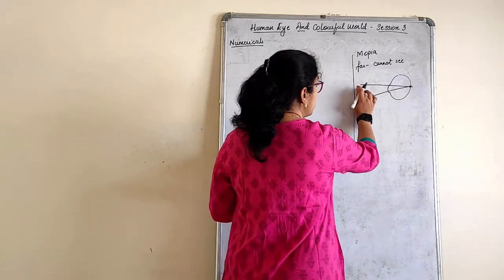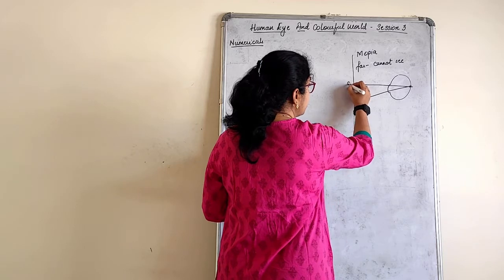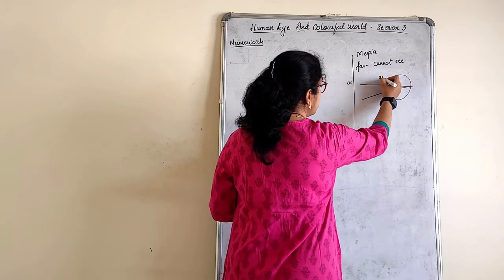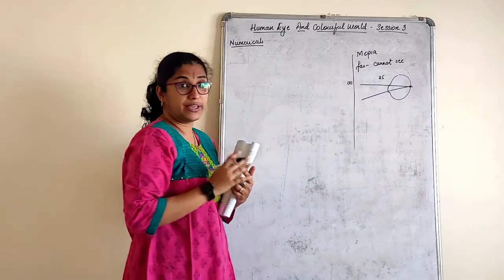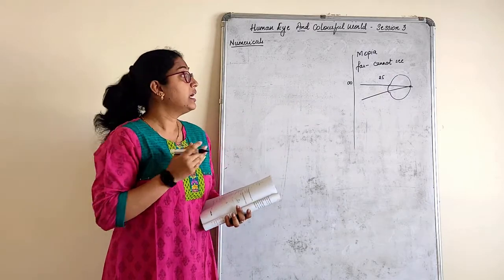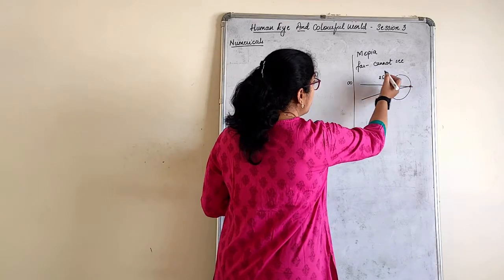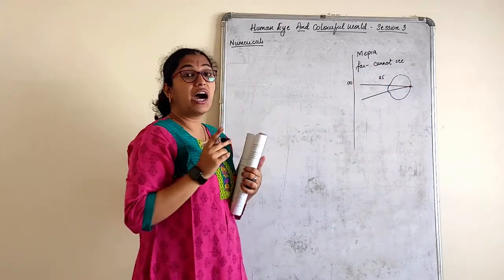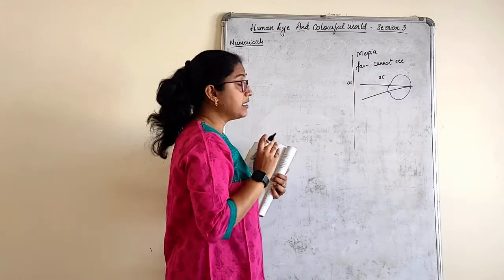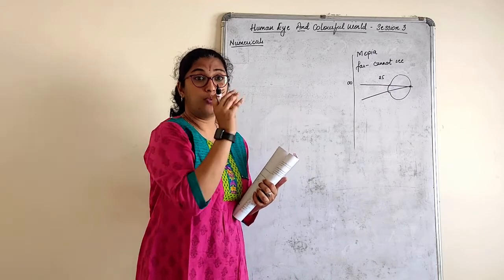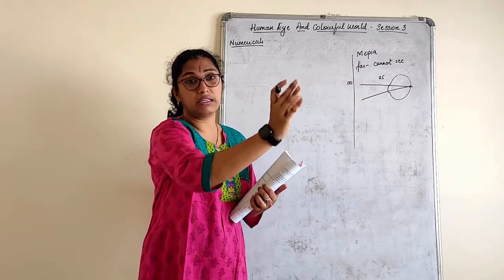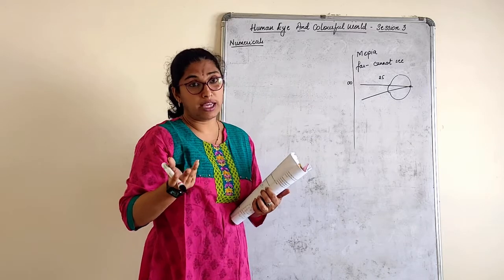What is the distance here? Far distance is infinity and near distance is 25. The object what we can see, that is our known thing. Now come to this myopic eye here. The far things you cannot see, but you can see the object which is kept beyond a certain point. More beyond than that you cannot see.